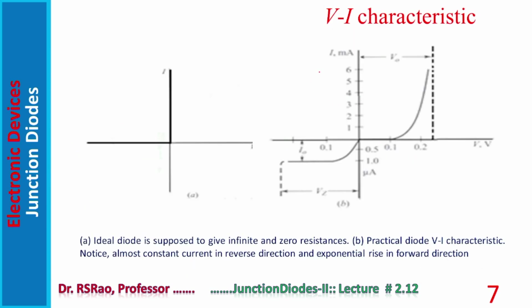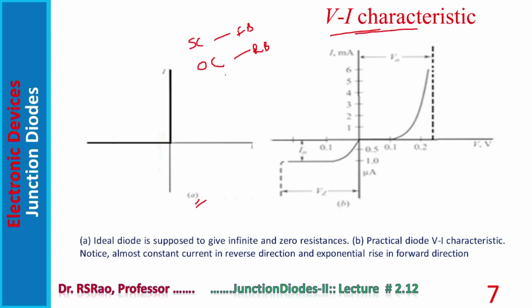Graphically, one can sketch voltage current characteristic of a diode. In A is shown ideal diode characteristic. Notice, ideal diode is one which exhibits zero resistance under forward biased condition and infinite resistance under reverse biased condition. But ideal diode is an ideal diode.